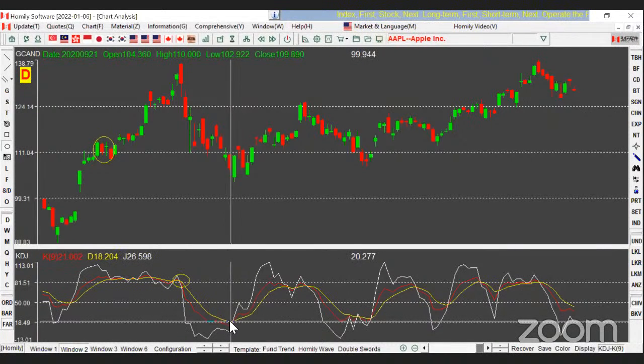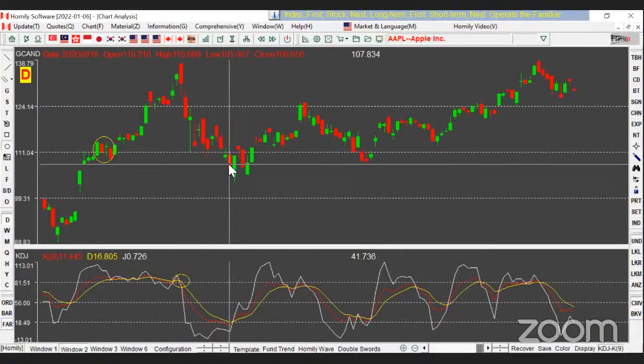If I put the cursor on that candle, you can check the value for D is 16, for K is 11, so low, right? So yes, it's very low. K is 11 on that candle, D is 16, all below 20 means oversold, price oversold.